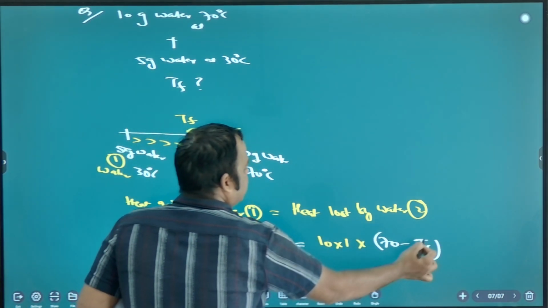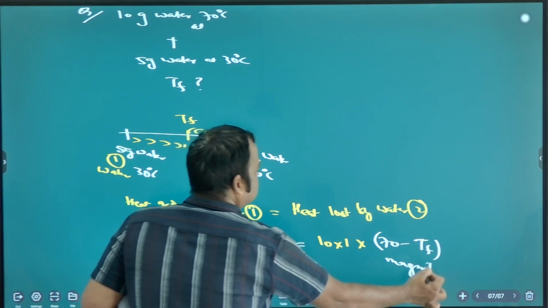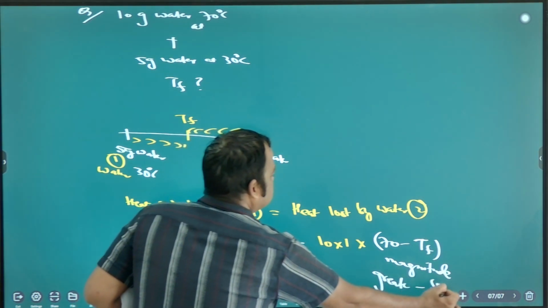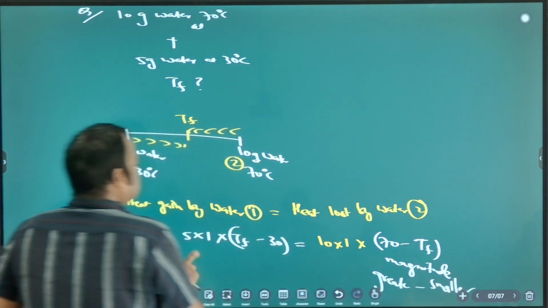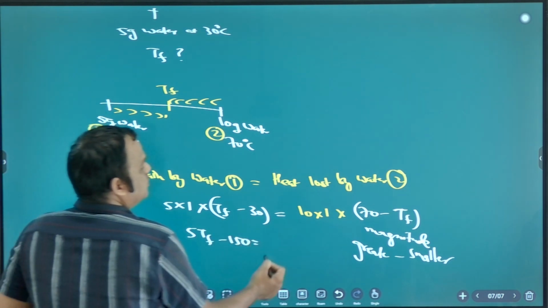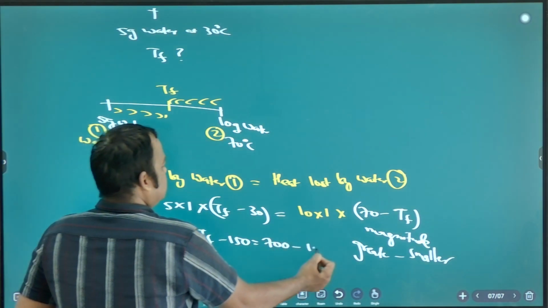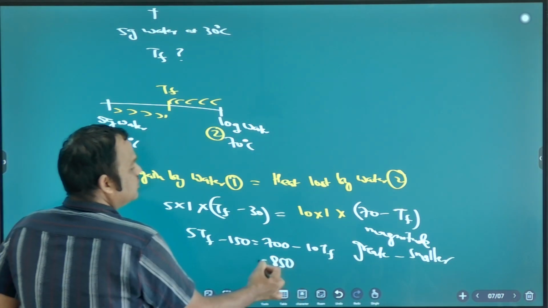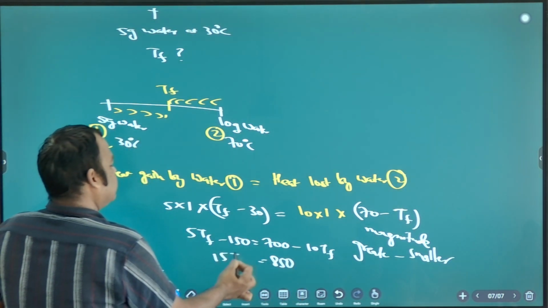Magnitude: greater minus smaller. So 5 Tf minus 150 is equal to 700 minus 10 Tf. So 850 is equal to 15 Tf.